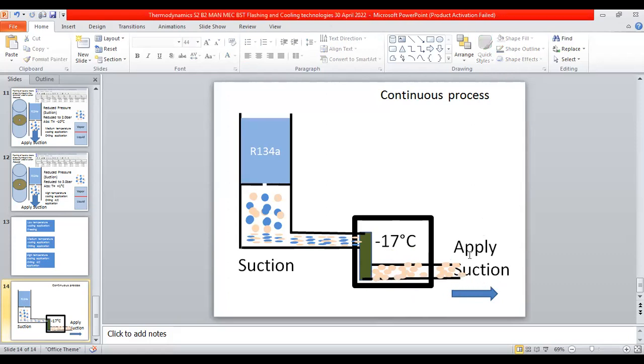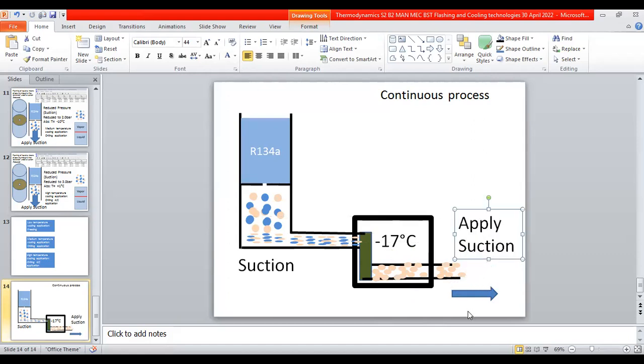All will become gas. So you apply suction here. This suction applying also affects the suction here.